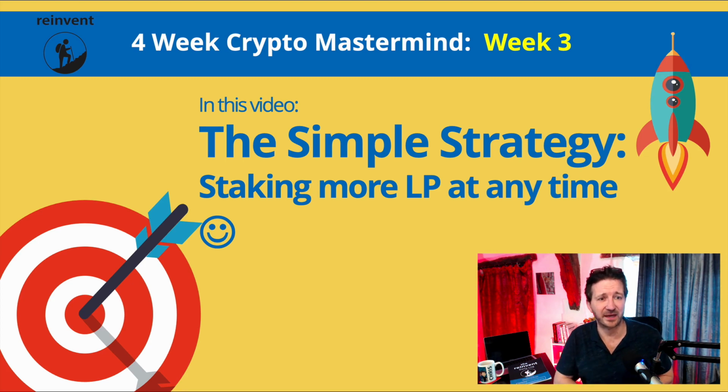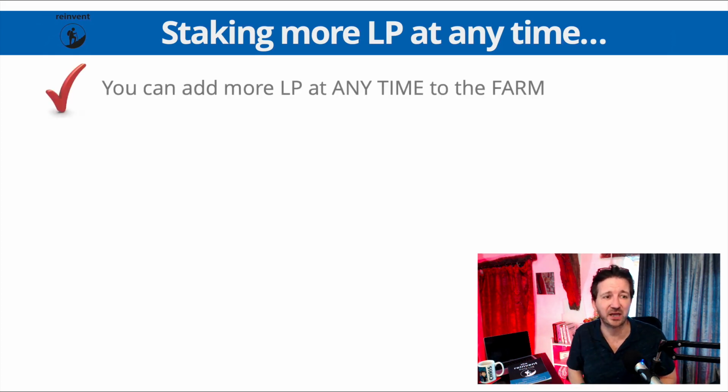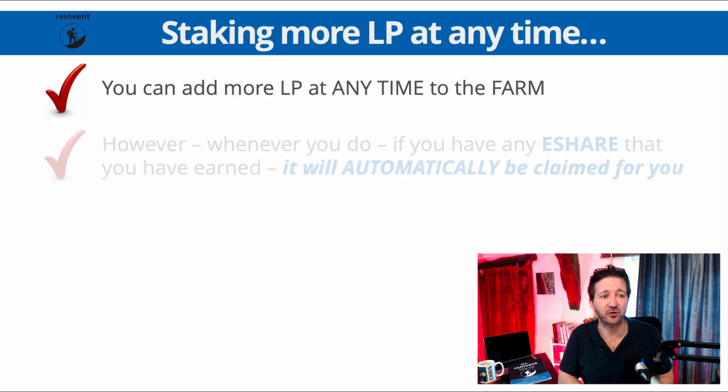So we'll go and take a look at that in a second. But just to be 100% clear, because as I say, I get a ton of questions about this. Moving forward, you will want to stake more for sure. When you stake more, you can add more LP at any time to the farm. That's no problem. You just zap, as we've already been through.